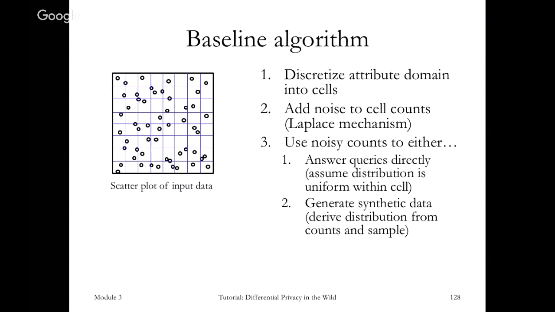Yes, exactly. But if you answer n times n counting queries with different predicates, does that actually consume n times epsilon privacy for this data set?